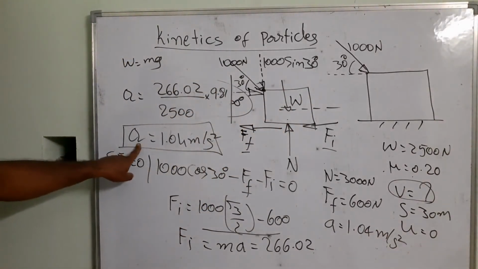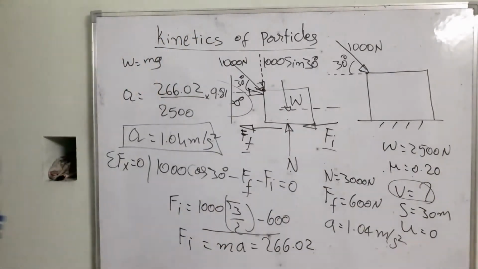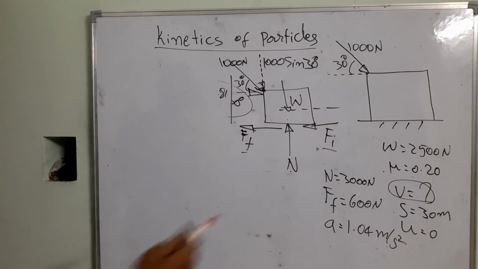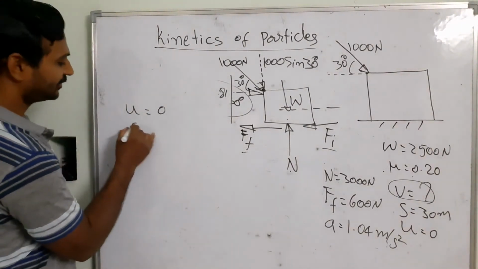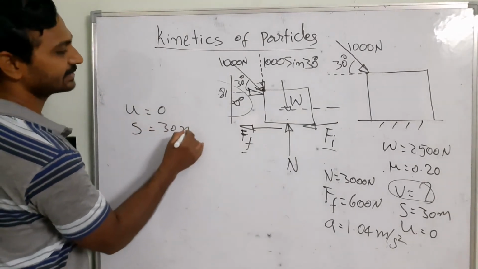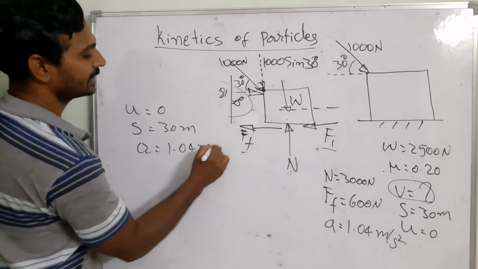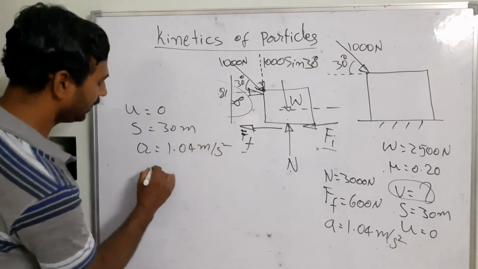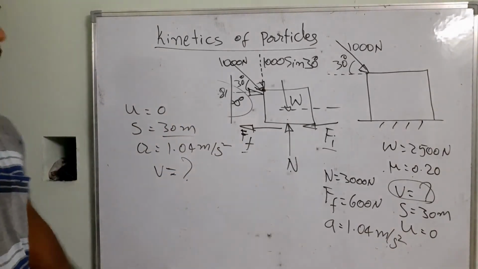Once we have this, we need to find the velocity of this object. We know that the initial velocity of the block is equal to 0, the distance traveled is equal to 30 meters, and the acceleration of the block is equal to 1.04 meter per second square. We need to find the final velocity when it has reached 30 meters.